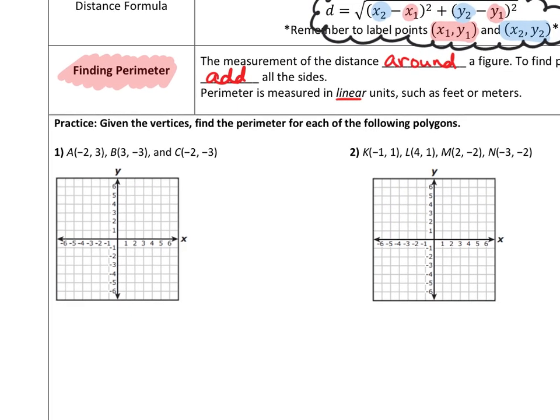So here we go. Given the vertices, find the perimeter for each of the following polygons. Well, it's so important to put these on a coordinate grid because the coordinate grid is going to help you answer the questions. If I put these 3 coordinates on the coordinate grid, we'd have -2, 3, that's point A. Point B is at 3, -3, so that's B. And C is at -2, -3.